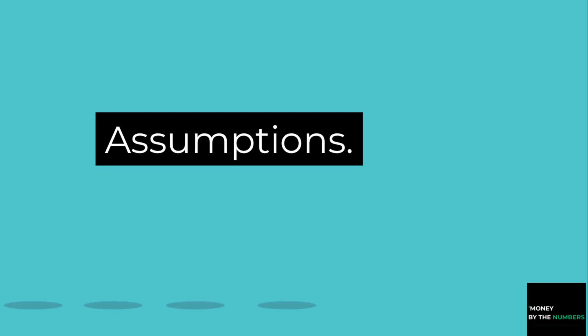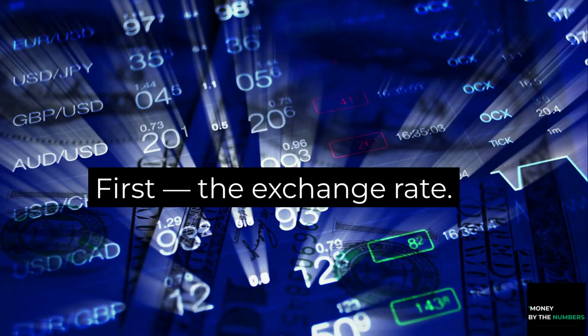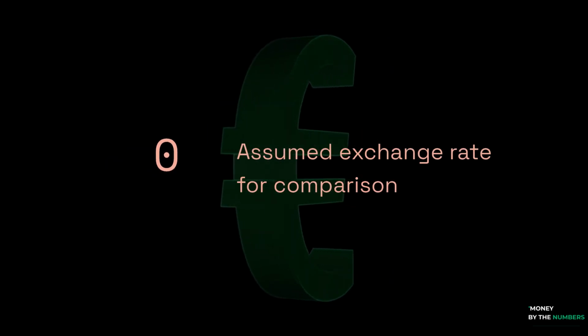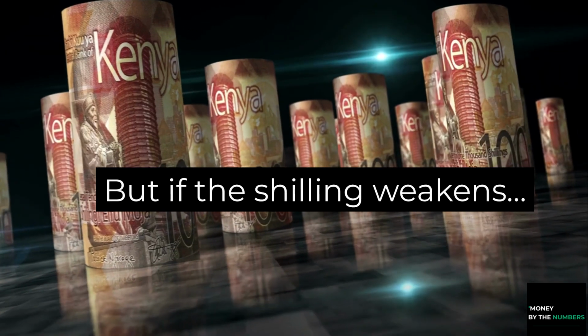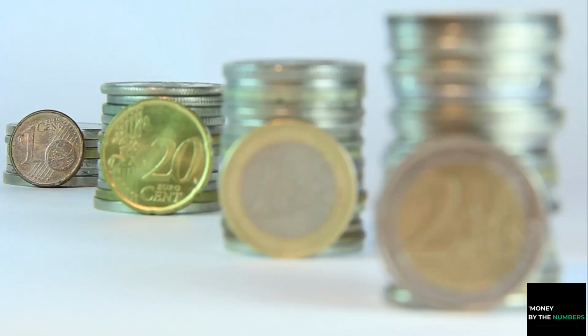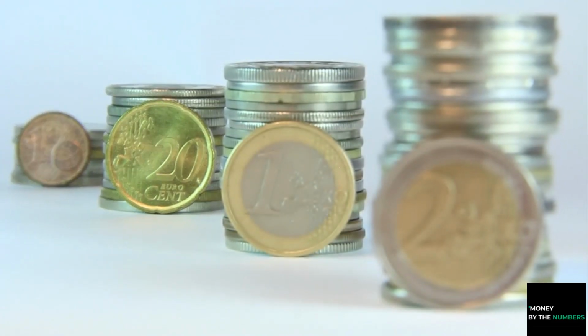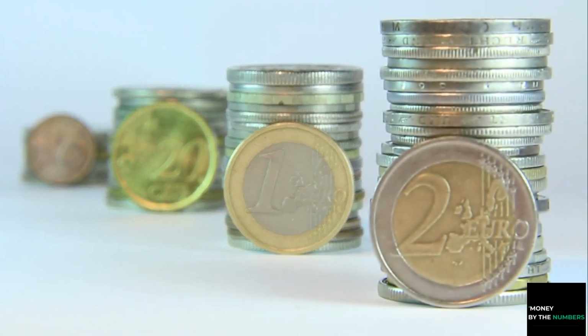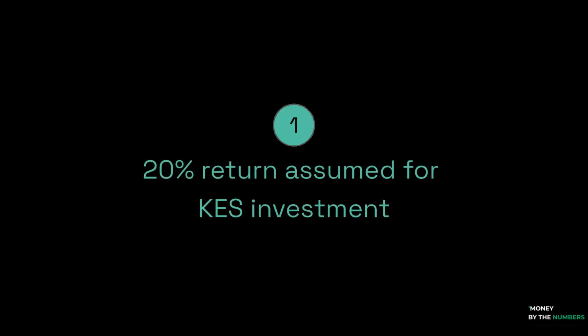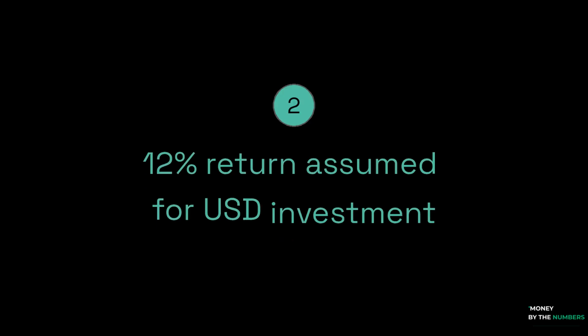Assumptions. First, the exchange rate. We assumed 130 Kenya shillings per dollar. But if the shilling weakens, that dollar value increases. Second, the returns. We assumed 20% for the Kenyan shilling, and 12% for USD.